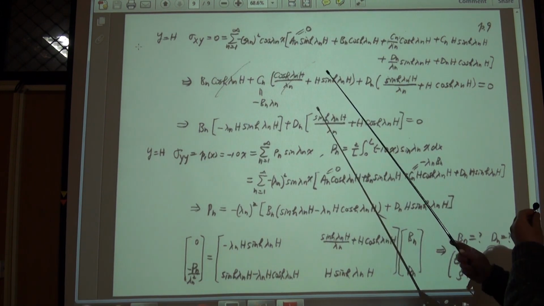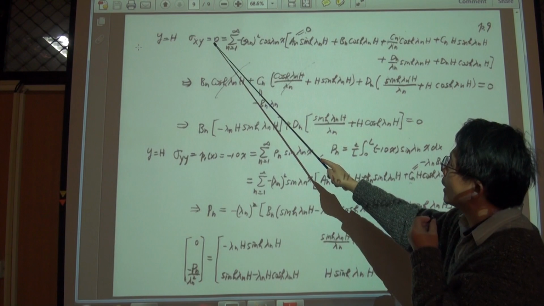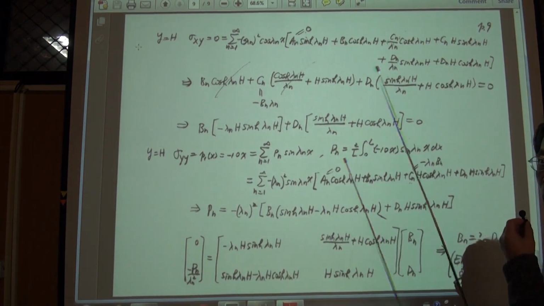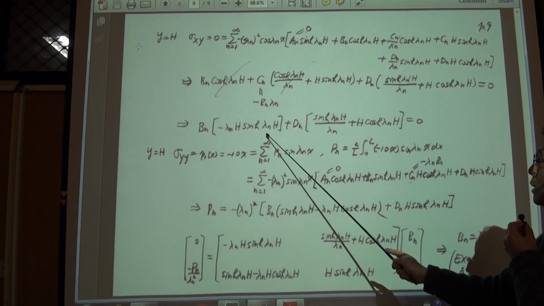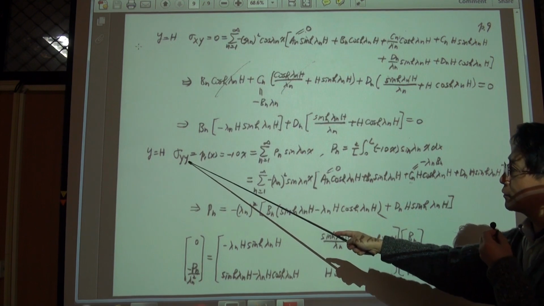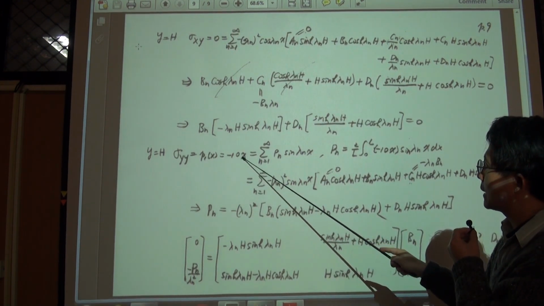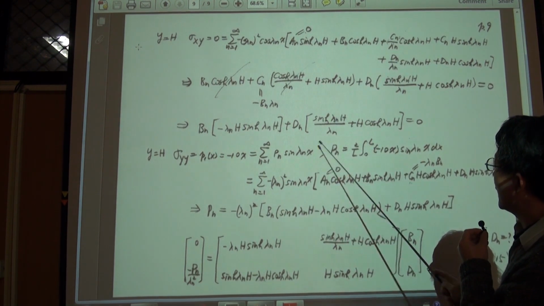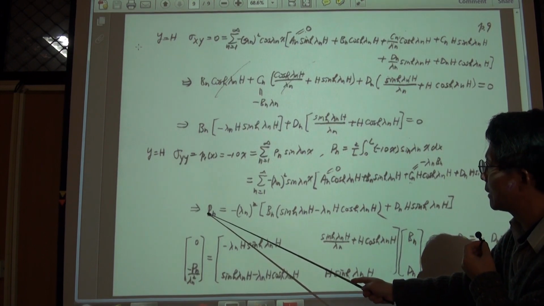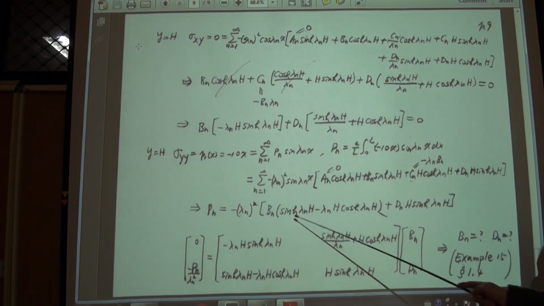Now, in the same way, the third condition at y equals h, we have the shear stress equals 0. We get this one, and we have already done such a calculation in the previous examples. So check it by yourself. And for the final condition, we have sigma yy equal to minus 10x. We have this one, and this can be computed. And then we get equations for Bn and Dn.